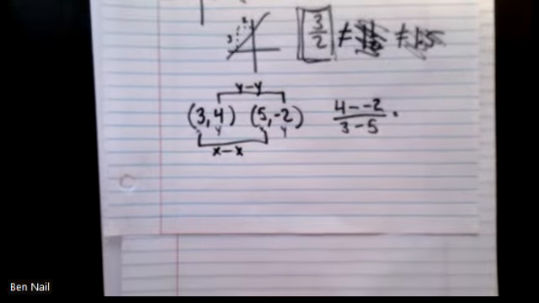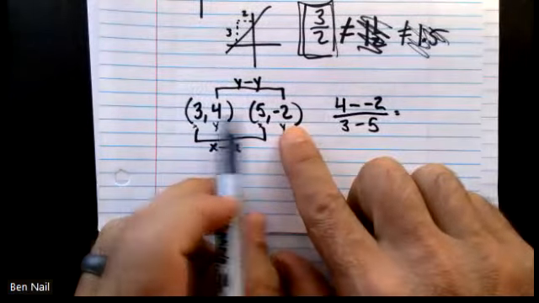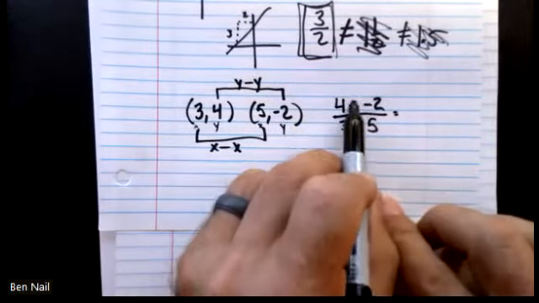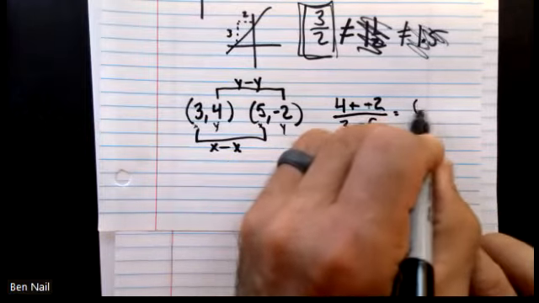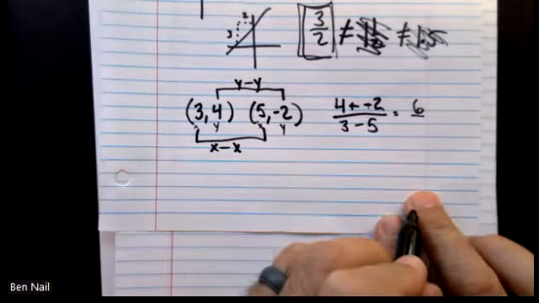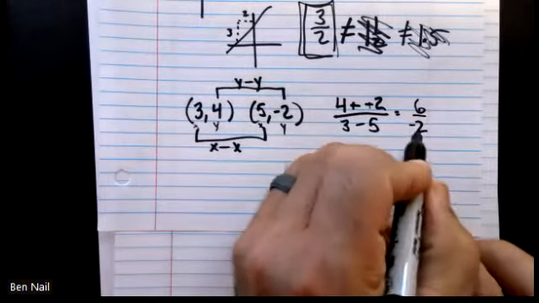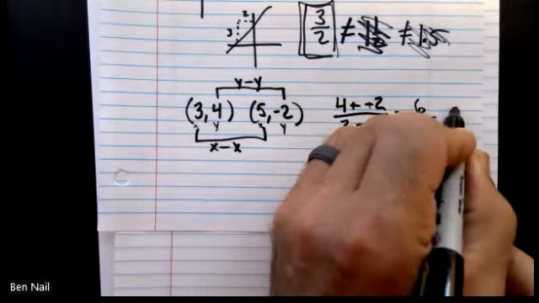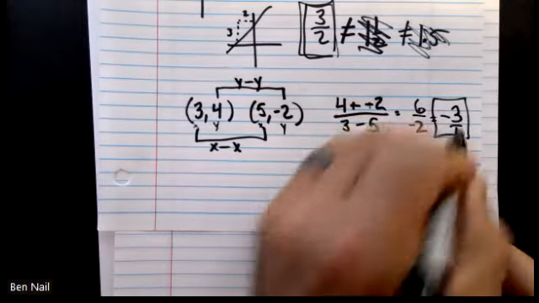Keeps going blurry. But anyway, so if you take the y's and subtract them, so 4 minus -2, when you subtract the negative, that's adding. So 4 minus a -2 is like 4 plus 2, and that's 6. X minus x, so 3 minus 5 is -2. Positive 6 divided by -2 is a positive, or sorry, a negative 3 over 1, or just -3.